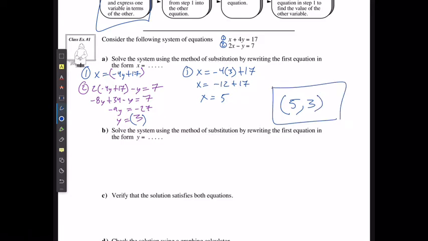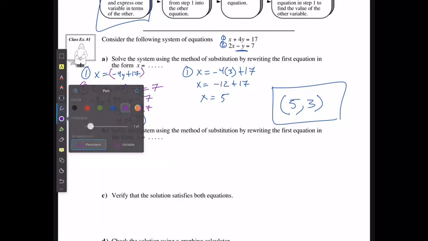I could have done the same thing by starting by substituting into the first equation and isolating y. So if I want to do that, well, actually what I'm going to do is isolate y in equation 2.